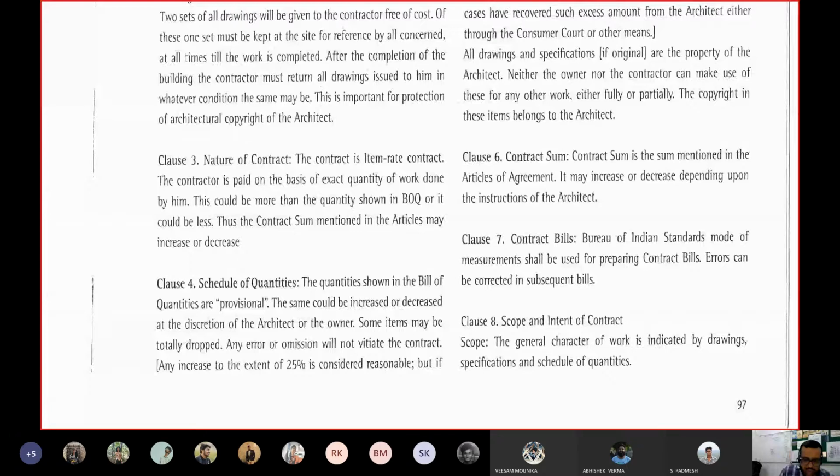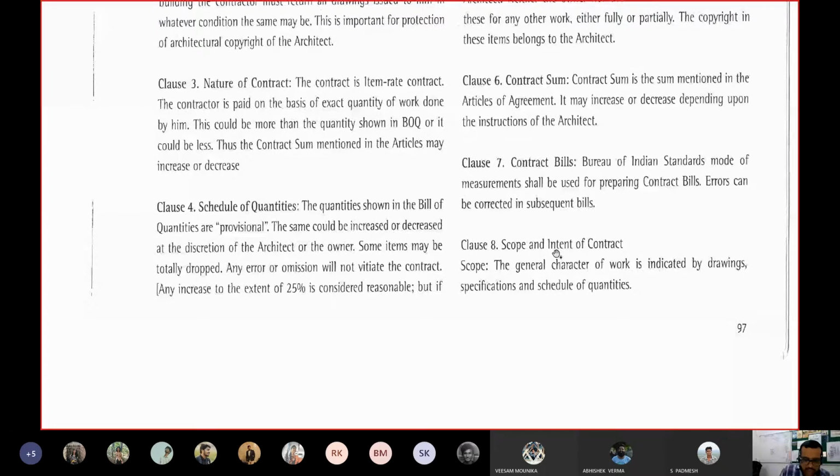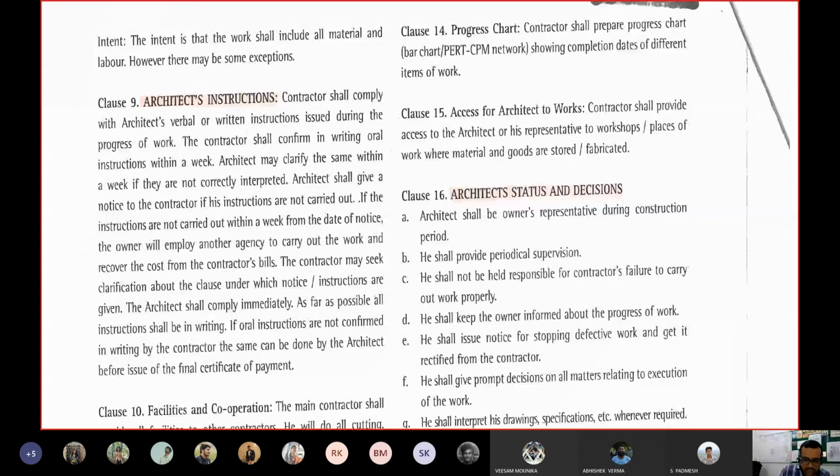Get to the next page, which is the architect's instruction. This is an important thing. Depending on different kinds of contract or different scale of project, in the agreement document itself it will be mentioned what the role of an architect is, or in what format an architect will instruct whom.